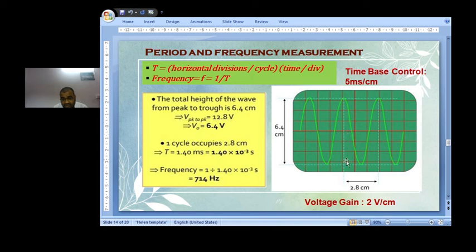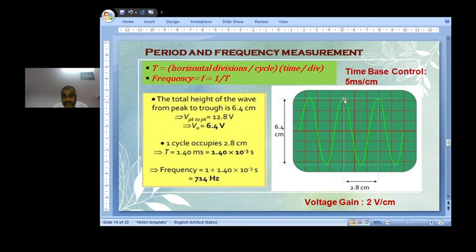Time is basically here. When we calculate the frequency, the frequency is basically 1 by capital T. The T is basically 1.40 millisecond, because one cycle occupies 2.8 centimeters.